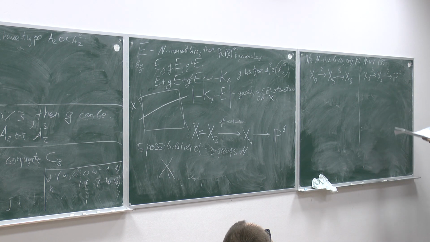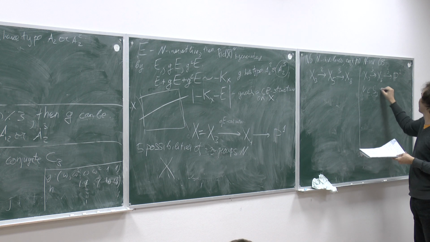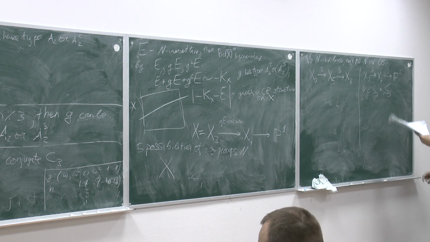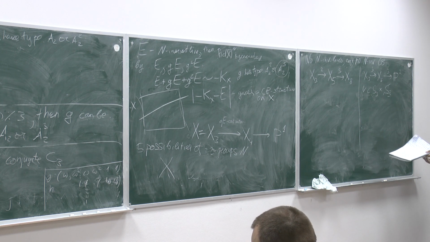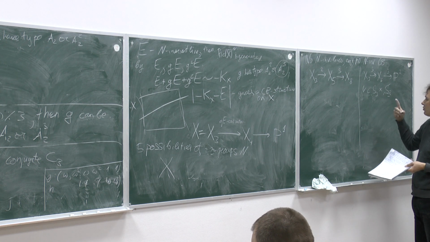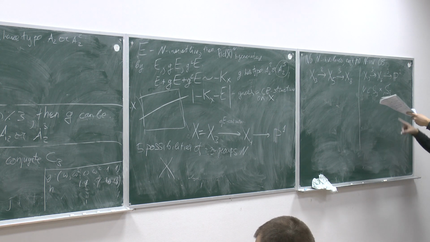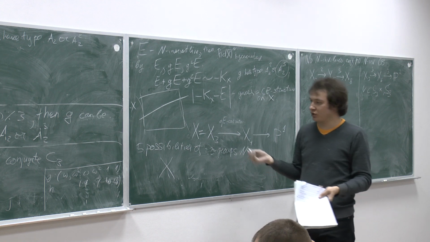Well, in this case, we have that the group N is a subgroup in S3 times S3, and moreover, the image of N under projection to each of the factors should contain a group C3. Therefore, there is an element of order 3 in N, which acts non-trivially on both of these factors, and this element should have type A2 squared.